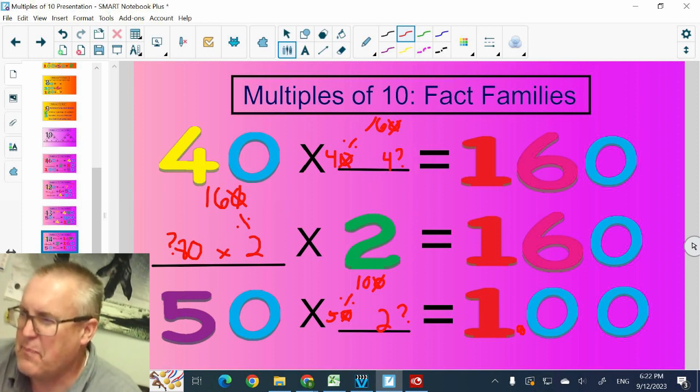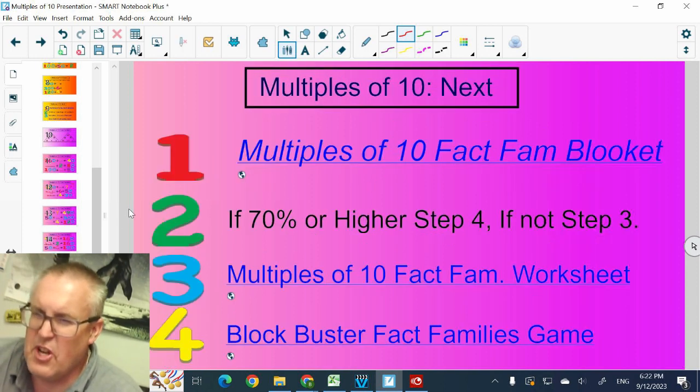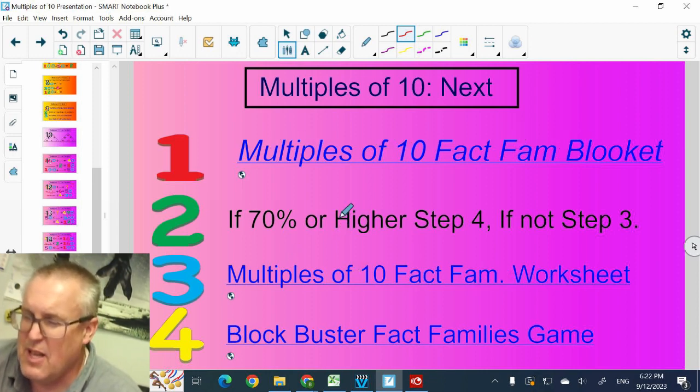Alright. What you're going to do next is you're going to play Fact Family Blooket. You might have to help the substitute show the history, and we can see who's got 70%. Remember, if you don't get 70%, you're going to do the Fact Family Worksheet. Anybody who goofed off today and the sub's irritated with, she's going to give you the worksheet too.